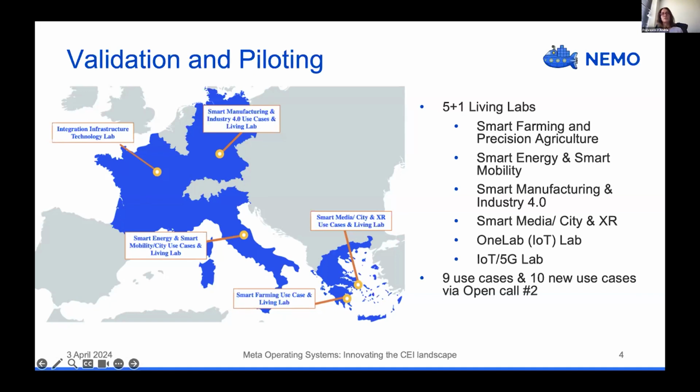The second pilot is located in Italy and is related to smart energy and smart mobility. We have here 2 use cases again.